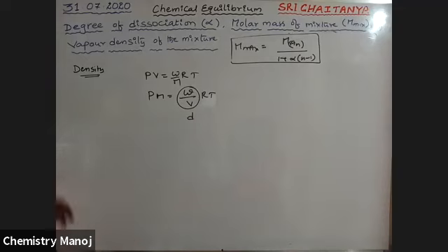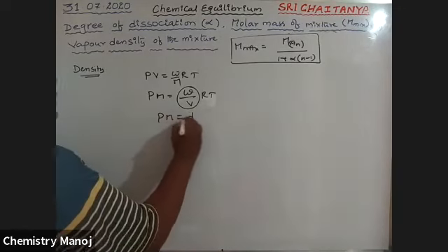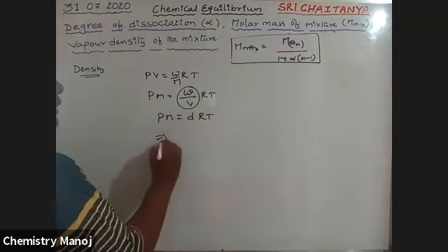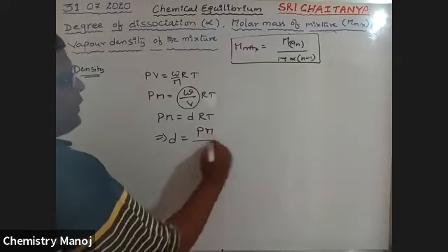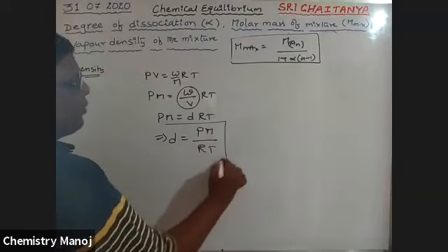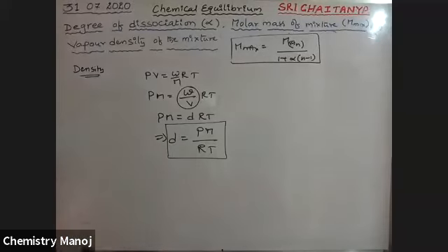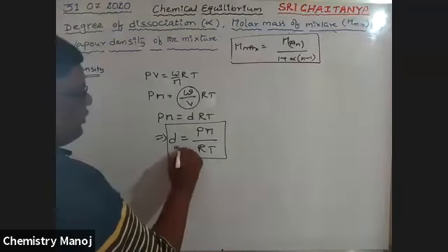So PM is equal to dRT. That implies density is equal to PM by RT. It is a very, very important formula, my dear boys. Density of the gas is equal to PM by RT.